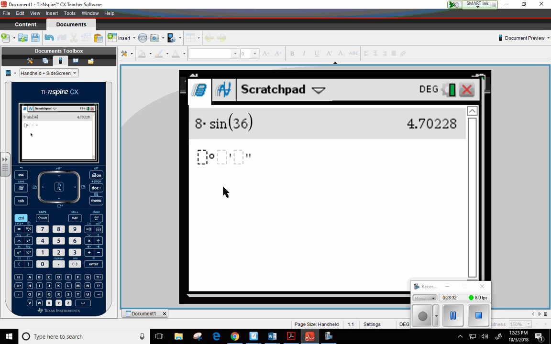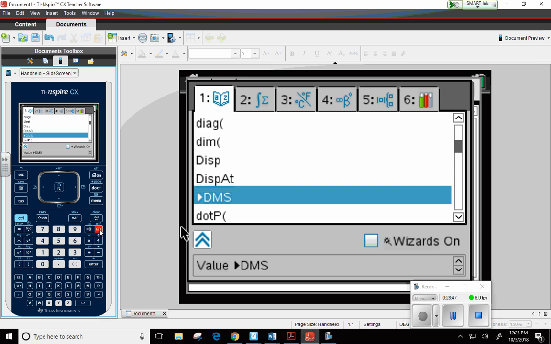It's just a fill in the blank. You fill it in, push enter, you got your decimal. Now, if you wanted to go the other direction, change the decimal to DMS, then you go to the catalog button right next to it. Under the first tab, there's your DMS.